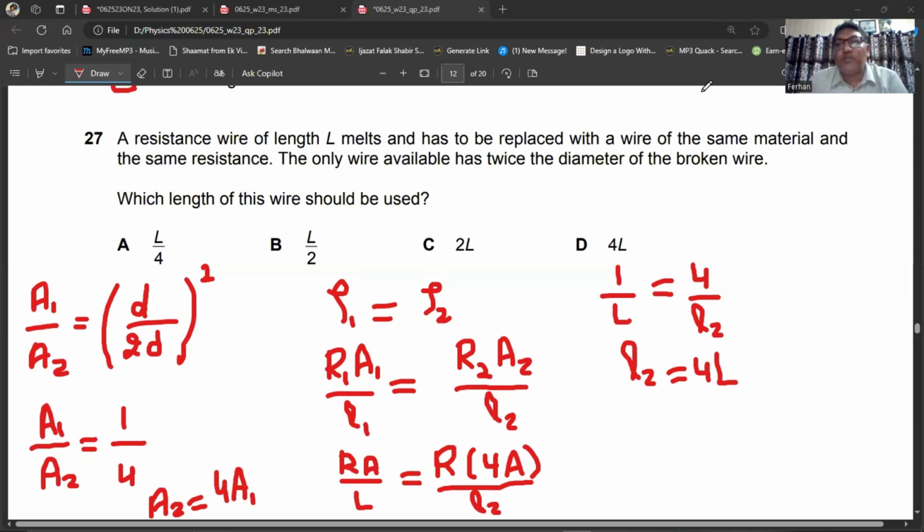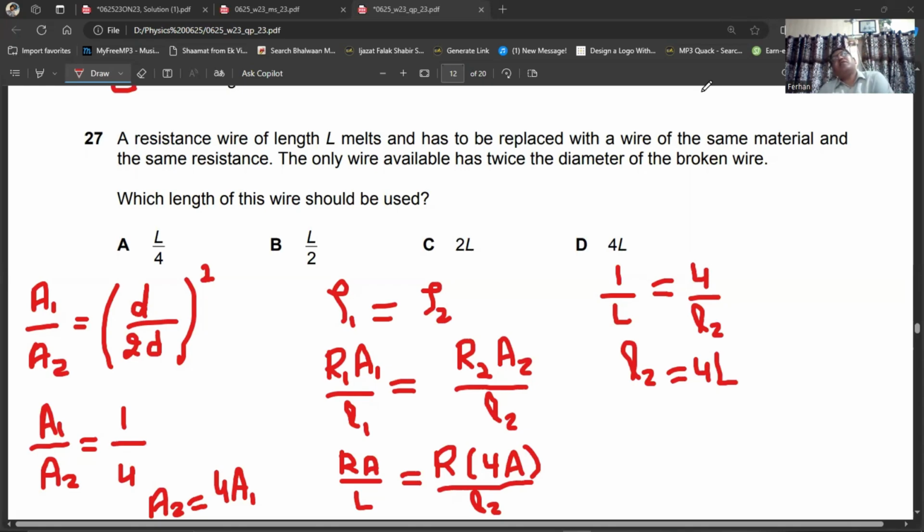So we are on question number 27. A resistance wire of length L melts and has to be replaced with a wire of the same material and the same resistance. The only wire available has twice the diameter of the broken wire. Which length of this wire should be used? Because the diameter of that wire has become double, what happens with the cross-sectional area?